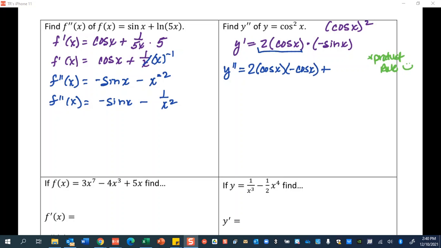Plus, yeah, because it is negative sine. That's a product rule. And then my first is the opposite of the sine of x.